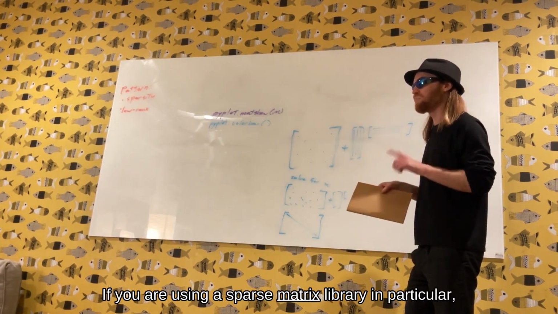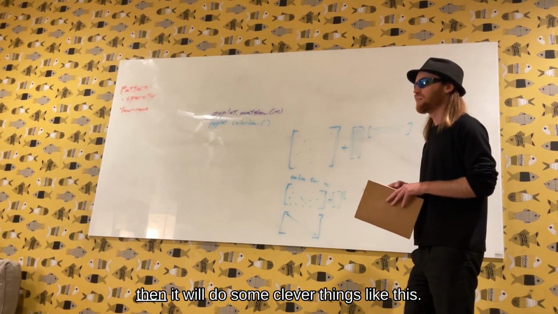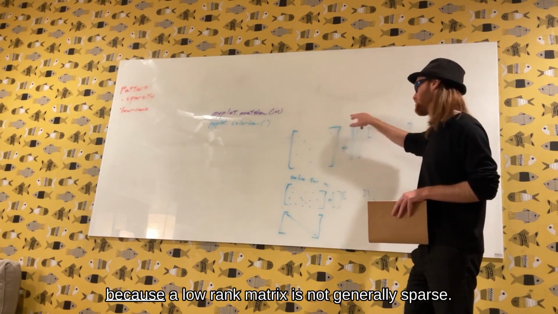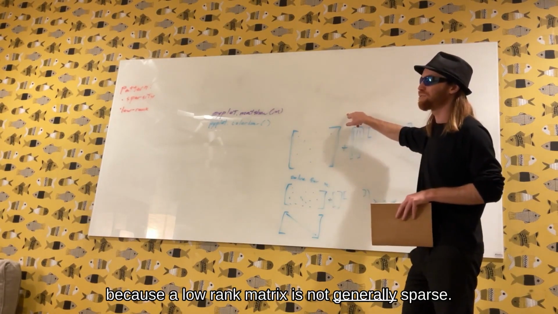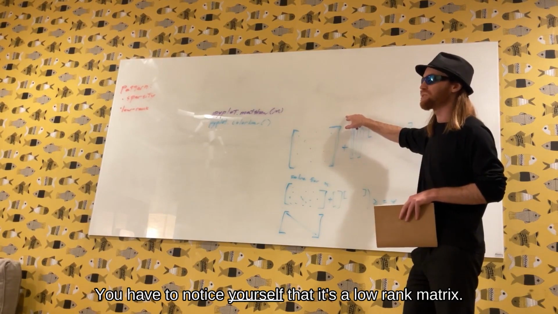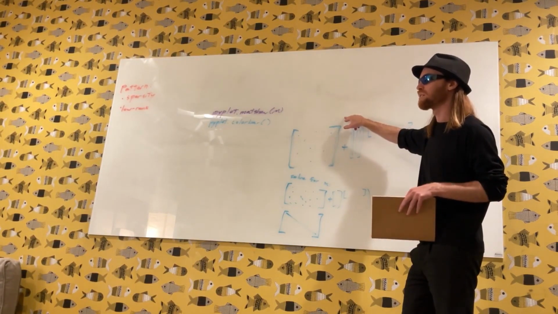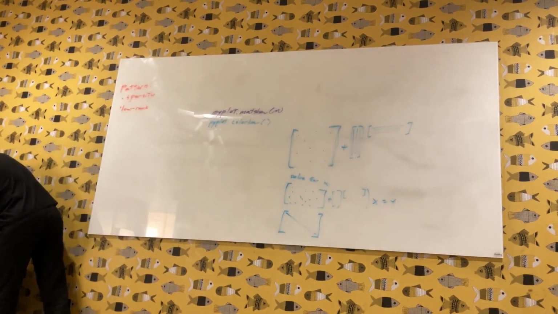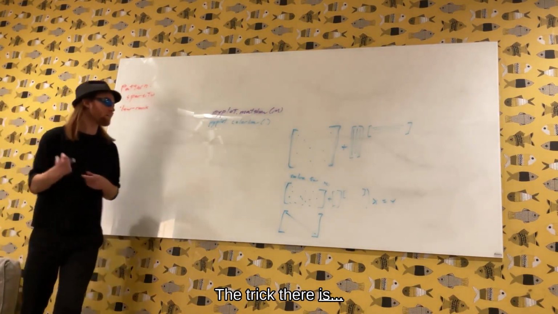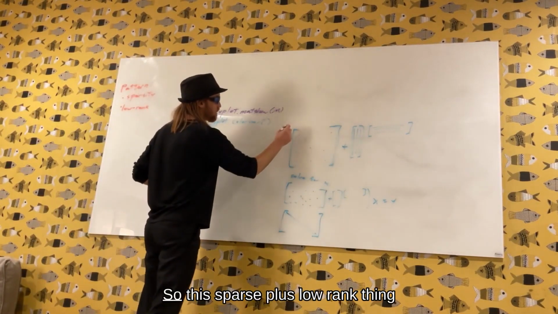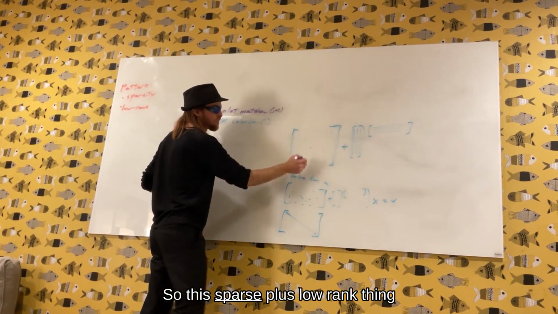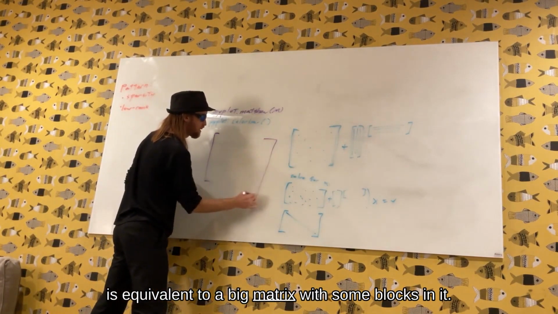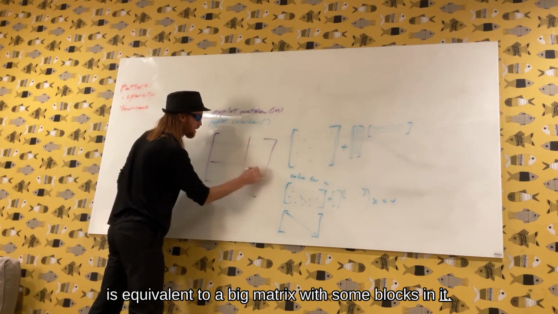If you are using a sparse matrix library in particular, then it will do some clever things like this. It still won't be able to handle this exact case, because a low rank matrix is not generally sparse. You have to notice yourself that it's a low rank matrix, but then you can represent it sparsely. The trick there is that this sparse plus low rank thing is equivalent to a big matrix with some blocks in it.